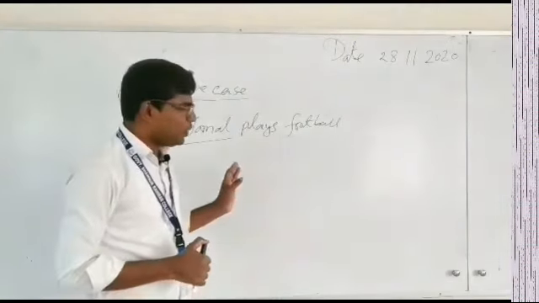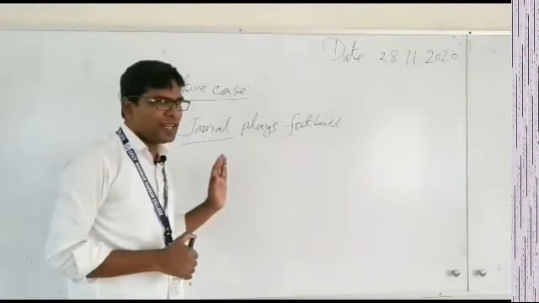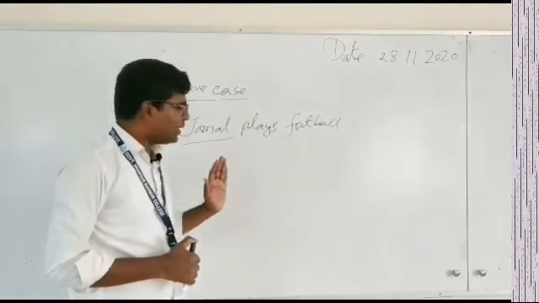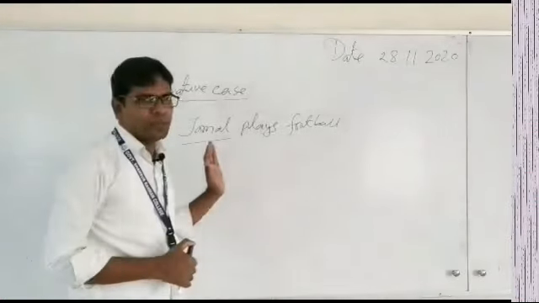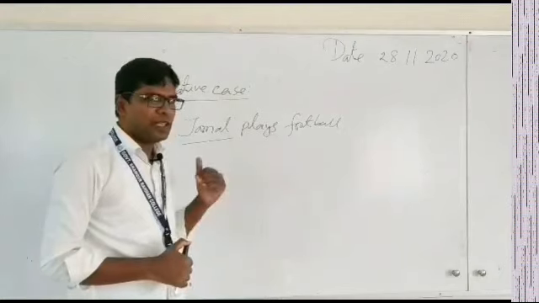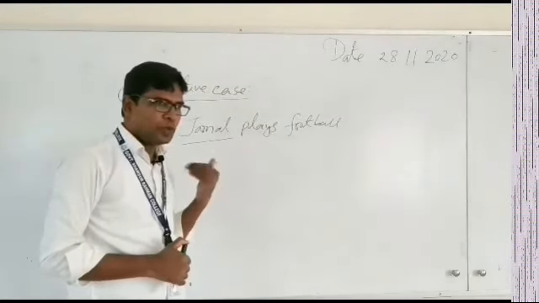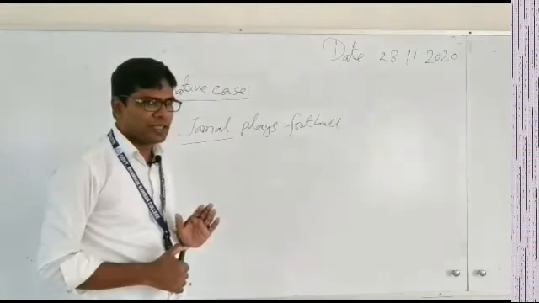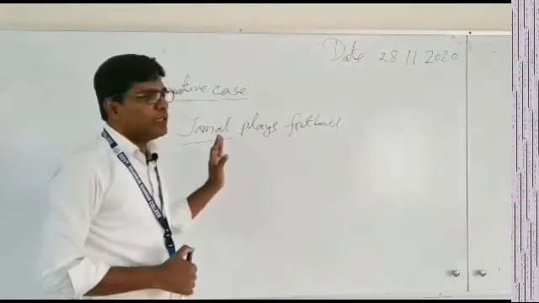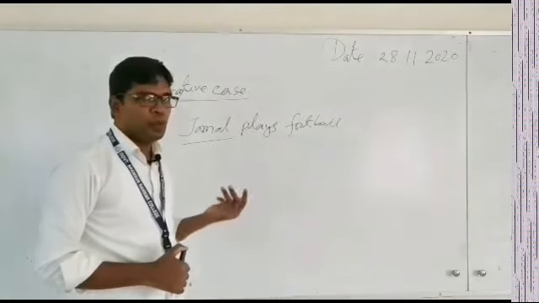Actually, for nominative case, we also say the action is done, the work is done by someone. The someone who does the work is called the nominative case. If we ask a question to the verb using who or what, the answer will be nominative case.